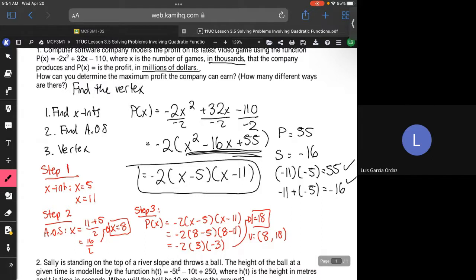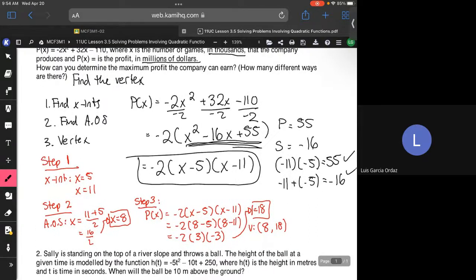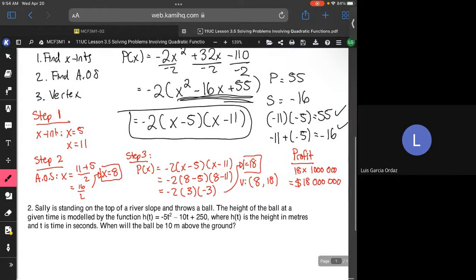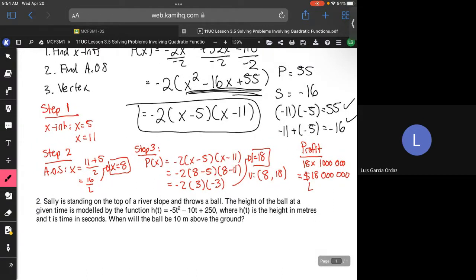A million. So my profit is 18 times 1 million, which is $18 million. Pretty much, that's a lot of money. So the maximum profit that this company earns is $18 million. So max profit is $18 million.